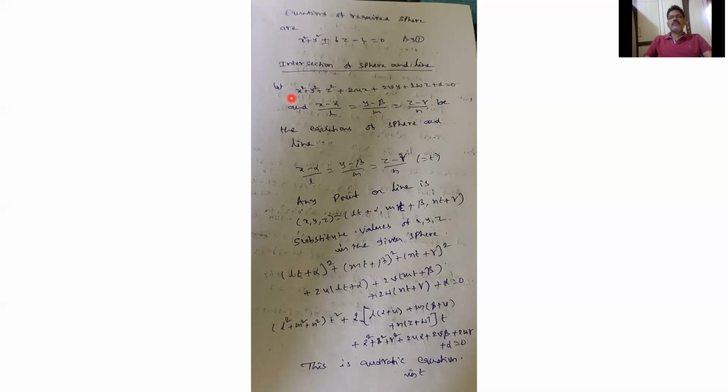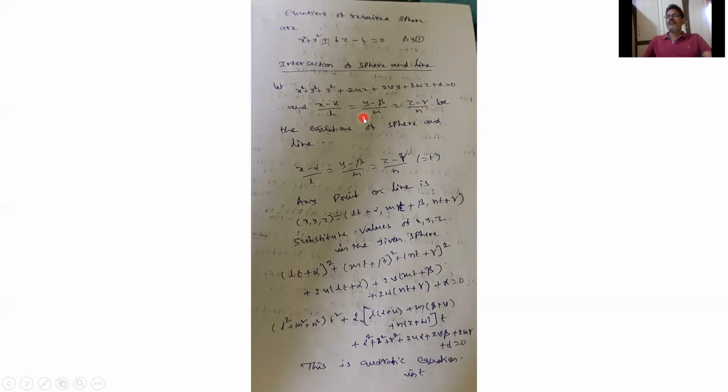Let the given sphere be x square plus y square plus z square plus 2ux plus 2vy plus 2wz plus d equals 0, and the given line be x minus alpha by l, y minus beta by m, z minus gamma by n. This is the sphere, this is the line.